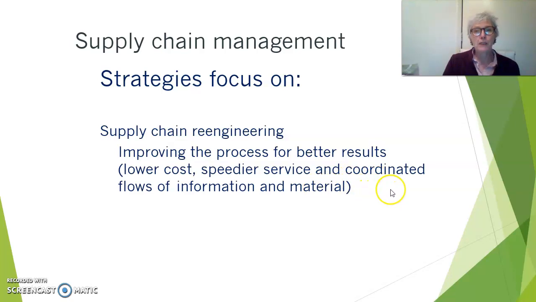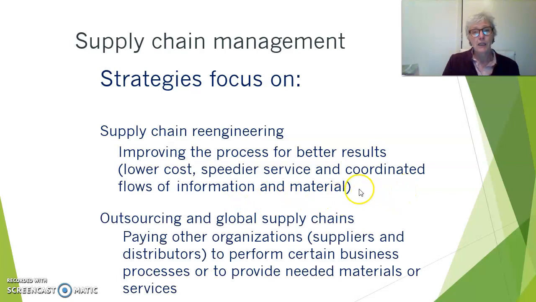So it's improving the process to get better results. It's also looking at outsourcing. Maybe, globally speaking, other companies are able to produce the same raw material at a lower price.